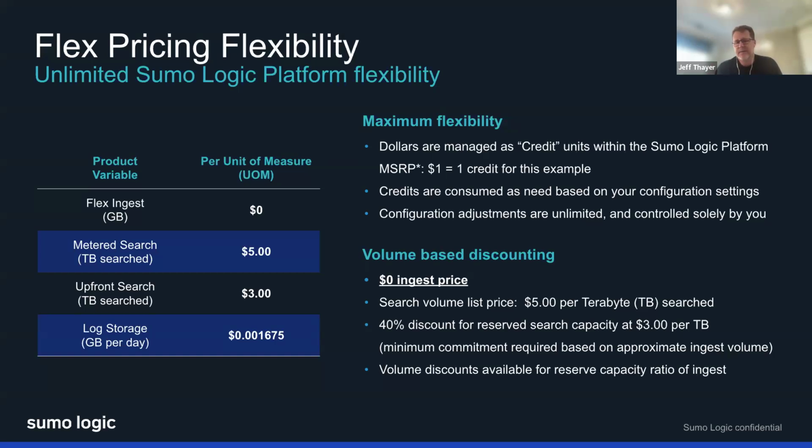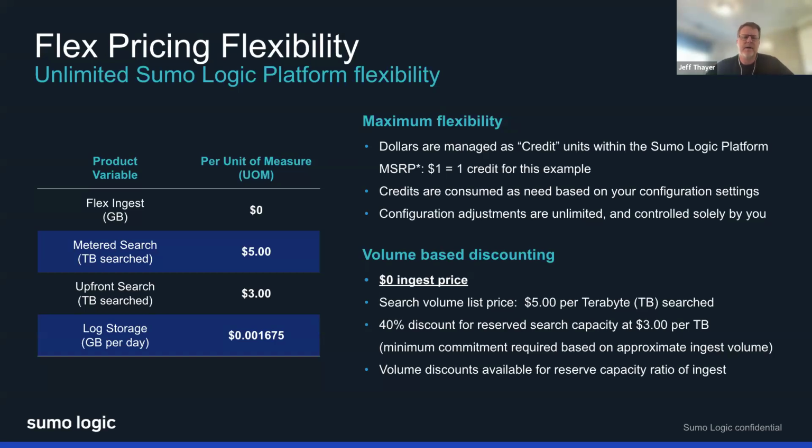The model fundamentally is the same from that perspective. The flexibility of our credit model is still there, meaning you only consume units as you're processing data within our system. That elimination of a high watermark penalty is still in place.